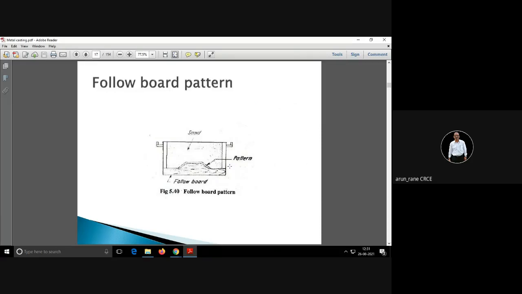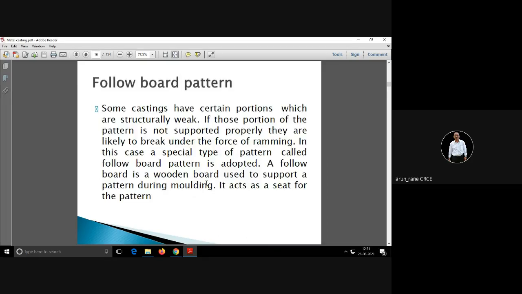In follow board patterns, we use a board here, the follow board, on which the pattern is kept and then the sand is rammed inside this. Since it follows the board, it is called the follow board pattern. Generally, it is used for large patterns and for thinner thickness, like certain portions that are structurally weak, so that has to be supported properly.